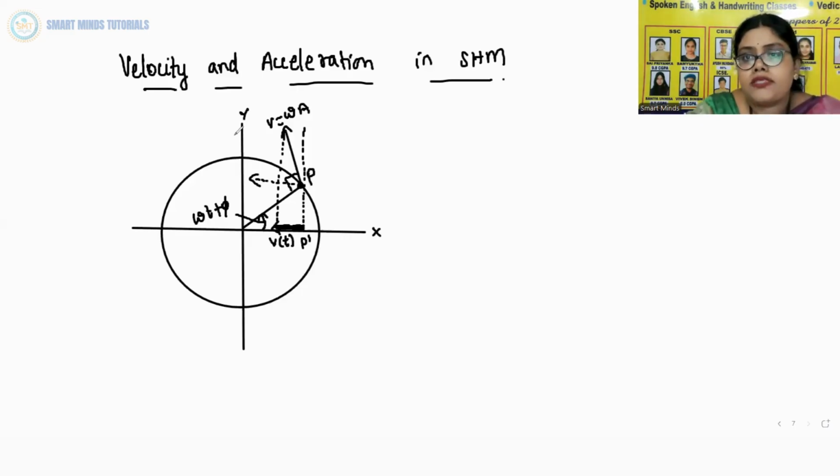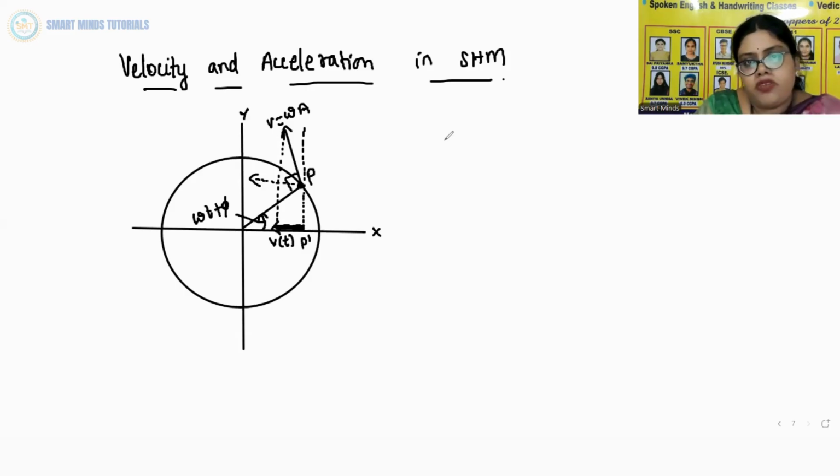Now let us continue with velocity and acceleration in SHM. So if you look at the figure, the speed of a particle is given by v in uniform circular motion. So speed is its angular speed omega times the radius.